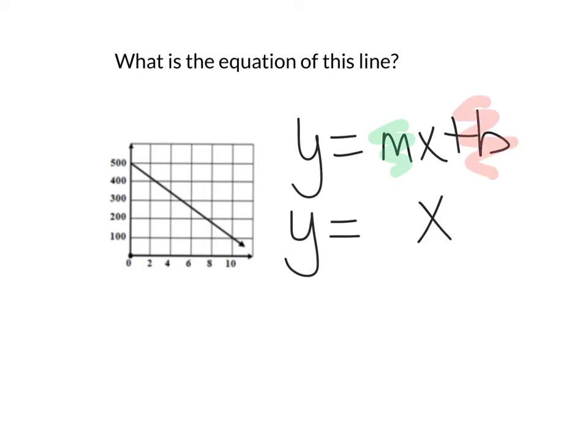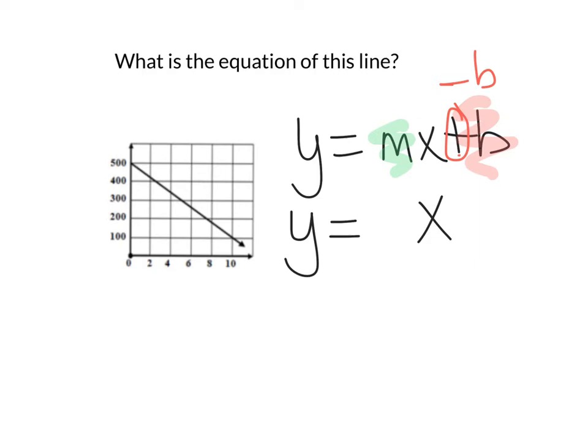Now, I do want to notice that it says plus in here, but it won't always be plus. Like we talked about on Friday, if we have a negative y-intercept, then this turns into y equals mx minus b. Negative y-intercept goes to minus, positive y-intercept a plus.